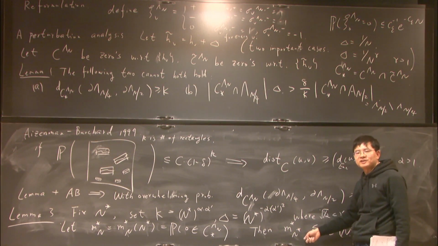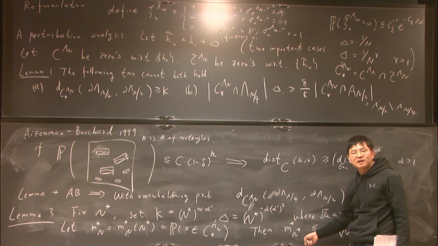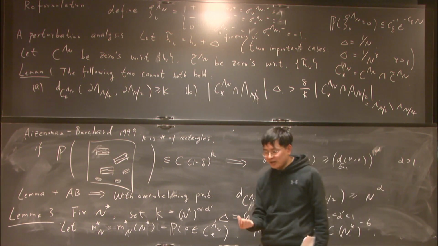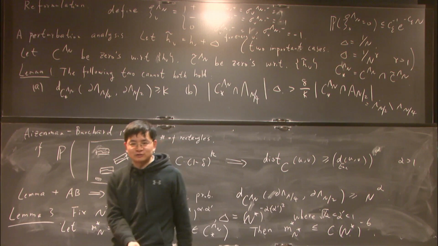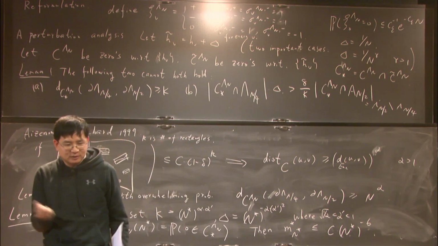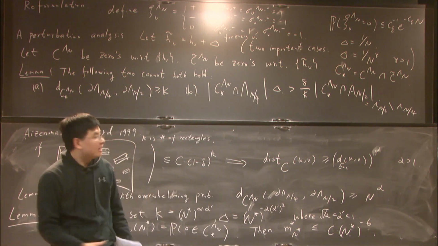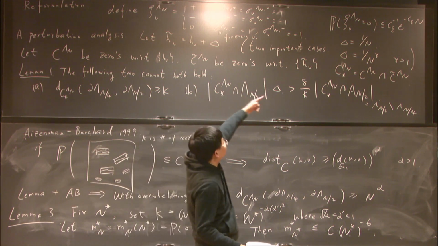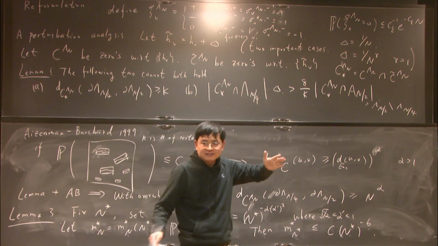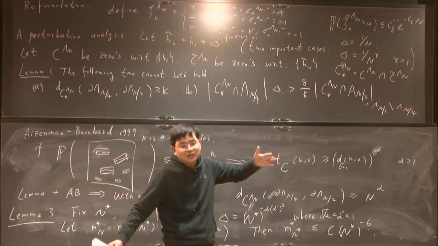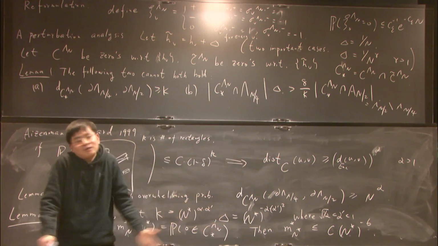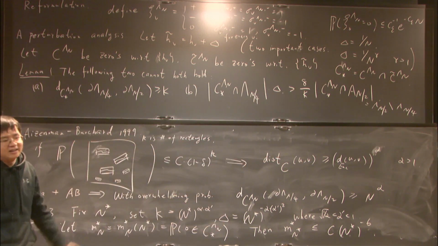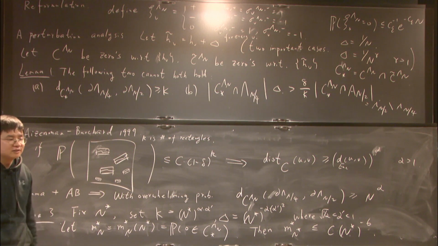I still need to go from the intersection to no intersection. But now the intersection for two measures that are so close to each other, to go from the intersection to non-intersection is easy. I cannot do that for the first perturbation because the two measures are contiguous but not too close. But now they're so close to each other. Yeah, it's good enough. So this is almost the final thing.